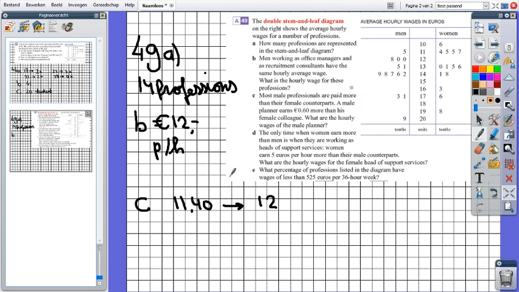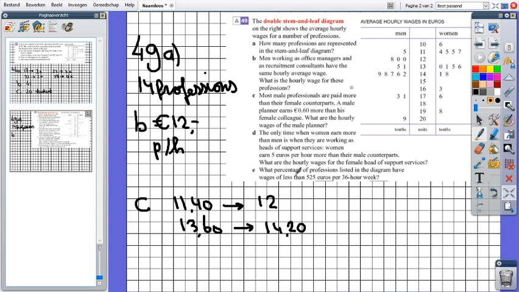The other ones are going to be, and you can do this for yourself if you want to, right? If a woman earns €13.60, this also corresponds with €14.20 for the male.